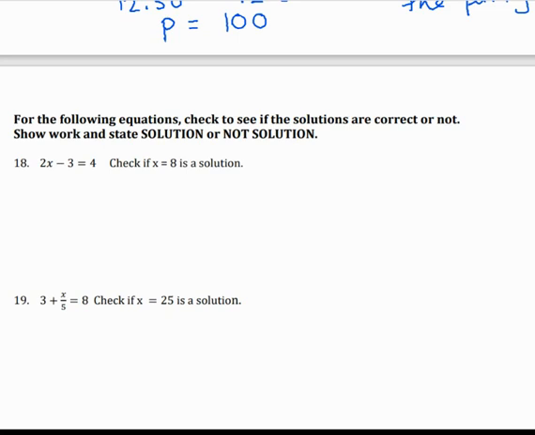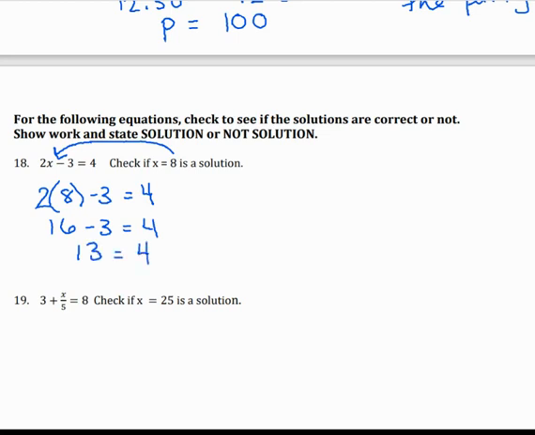So we're just going to do what with that 8? Substitute it in. So we're going to have 2 times 8 minus 3 equals 4. I'm substituting the 8 in for the variable, and we're going to simplify to see if we get a true statement. 2 times 8 is 16. 16 minus 3 is 13.